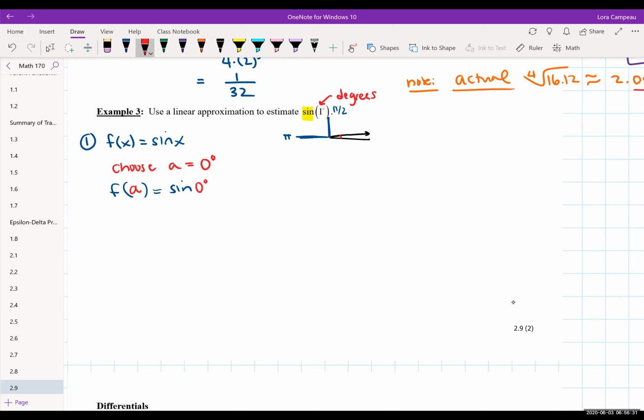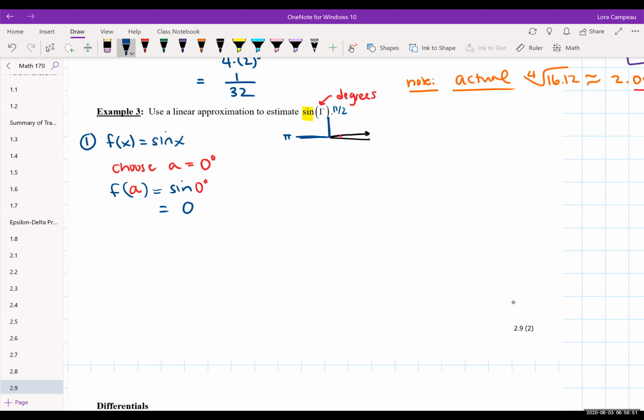Let's look at this a little carefully. What is the sine of 0? That's the y value at the location where you are on the x-axis. So the sine of 0 is equal to 0. So we have f of a equals 0.